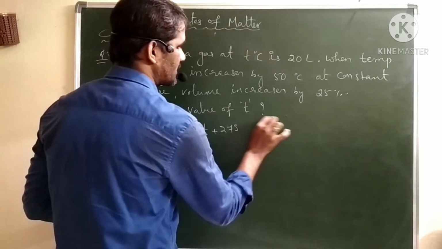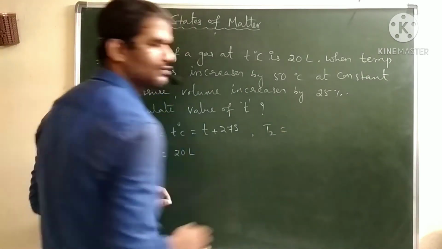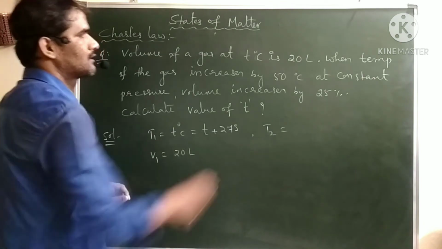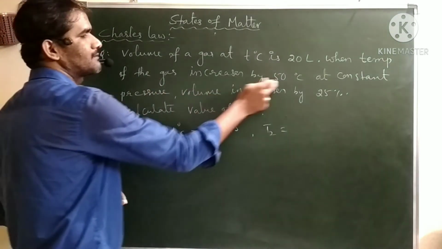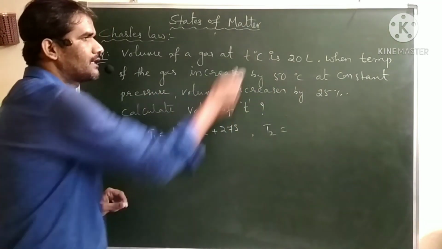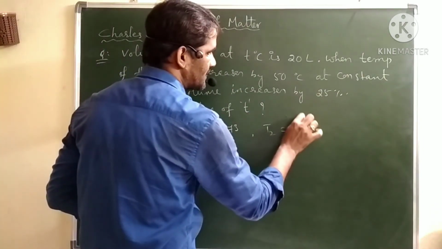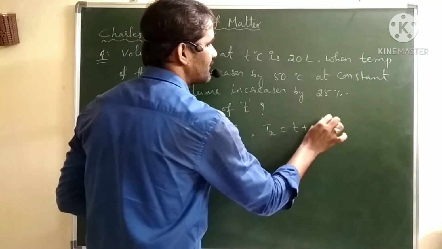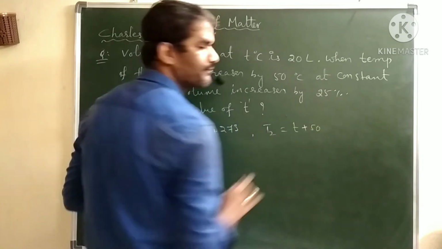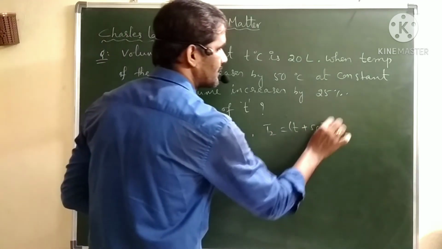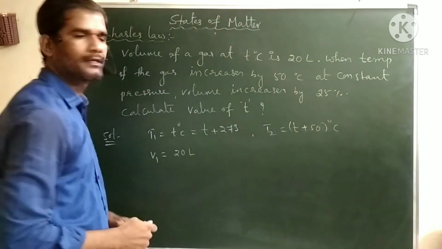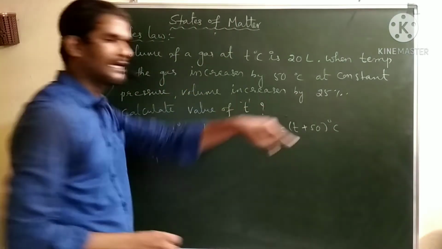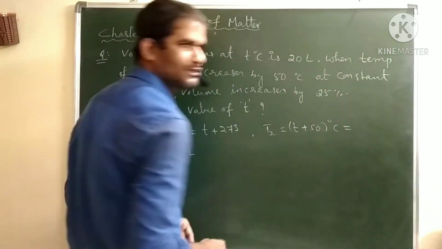Next, temperature T2. What is the temperature? The temperature of the gas increases by 50 degrees centigrade. Initial temperature is T degrees centigrade, and to this they added 50 degrees centigrade, and this is overall in degrees centigrade. Again we have to convert this into the Kelvins, so we have to add 273.